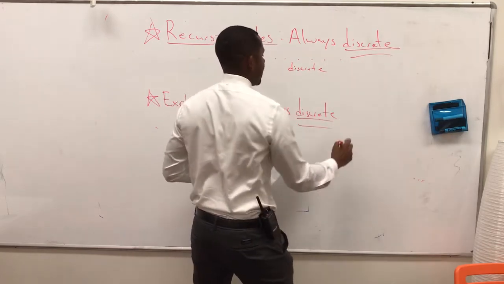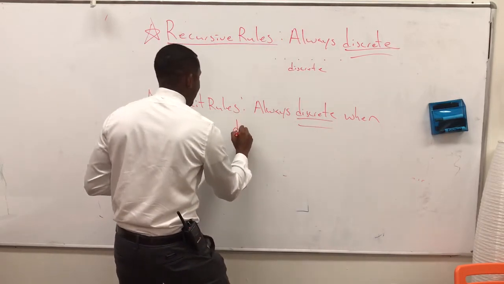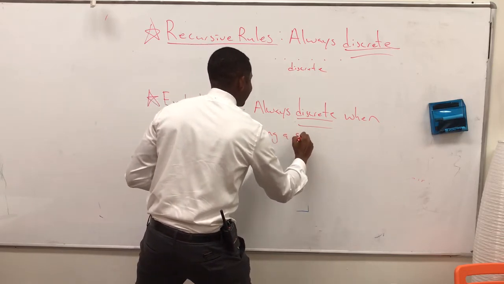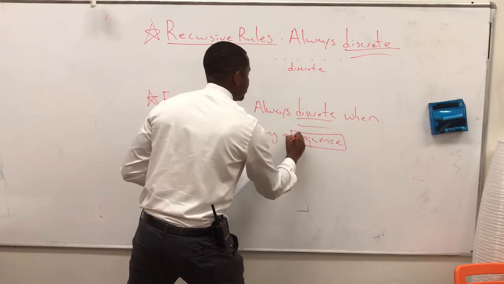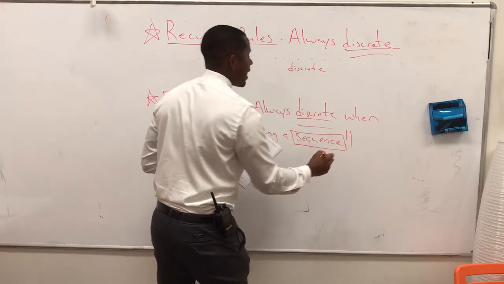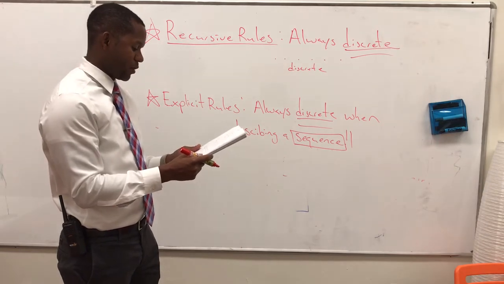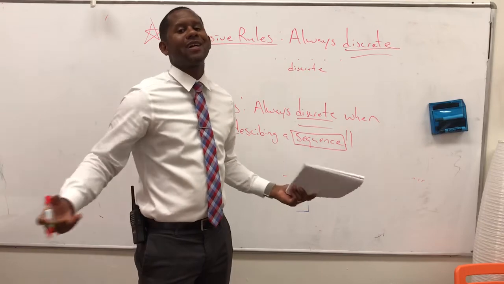But there's a caveat when describing a sequence, and that's very important. If you're using an explicit rule to describe a sequence, it's always discrete, okay? That's it. That's what I got today.